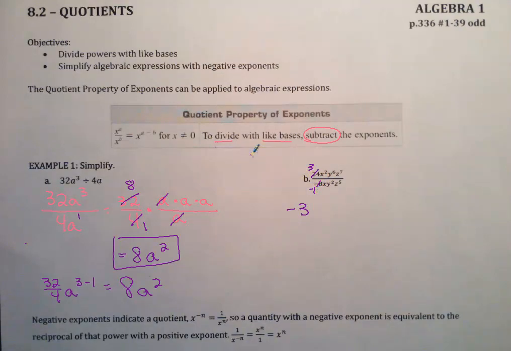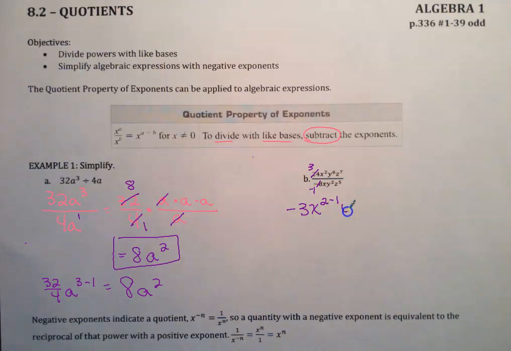Then we have some x's. How many x's in the numerator? The numerator is the top. 2. Do we have any in the denominator? 1. So it's going to be x to the 2 minus 1.